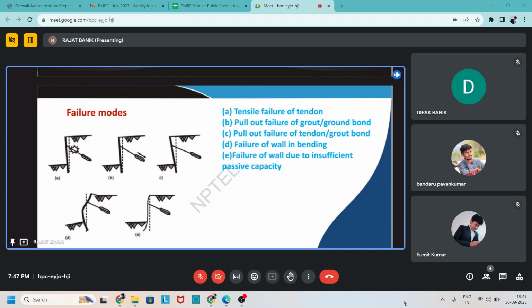So if we construct our wall and it is balanced by both active and passive pressure, if our passive pressure is equal to our active pressure, which is generated behind the wall, then the wall is moved forward, and due to this, sometimes the ground may fail, and this is called failure due to insufficient passive capacity.